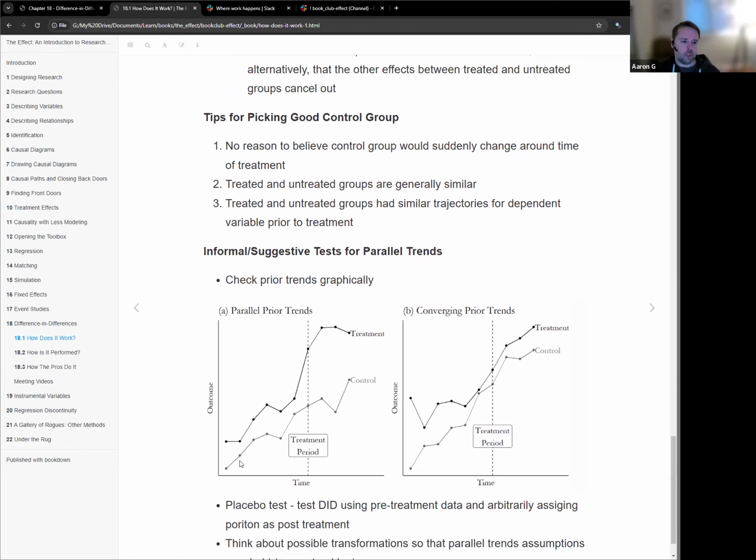And so the graph on the left here, showing a control group and the treatment group, the parallel trends appear to hold, right? Just kind of informally looking at it, it appears that things are moving kind of consistently pre-treatment, and then not so much after treatment, which is okay. Whereas the graph on the right would suggest that there's some convergence that's happening prior to the treatment, and so that parallel trends assumption may not hold.